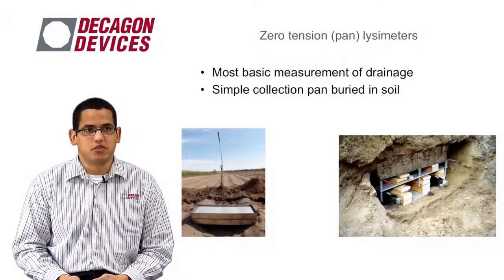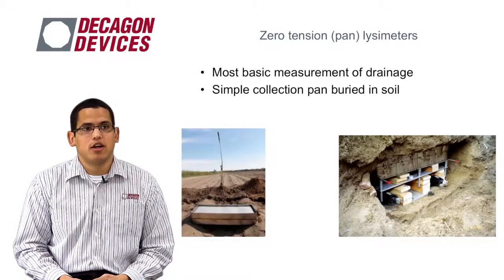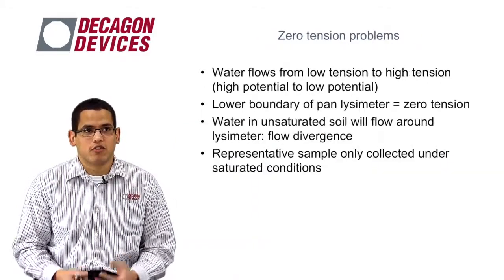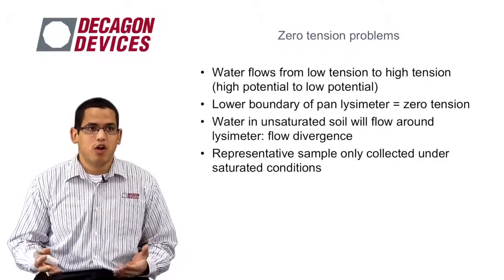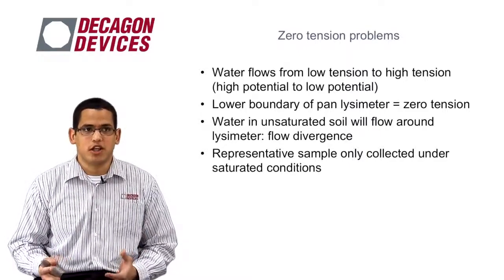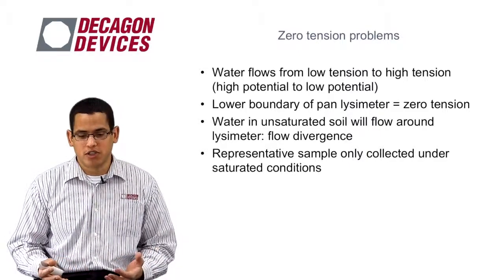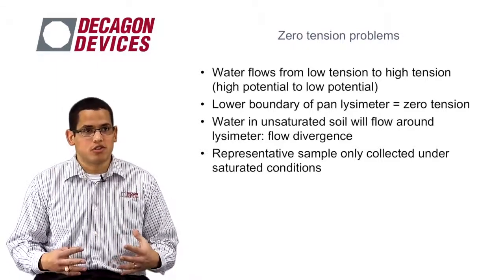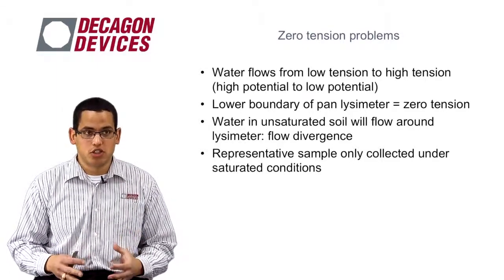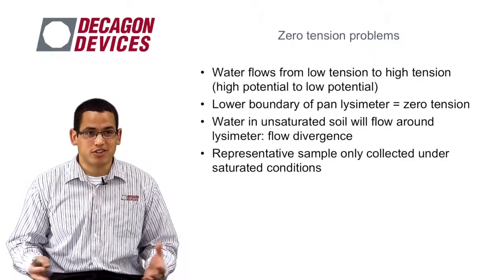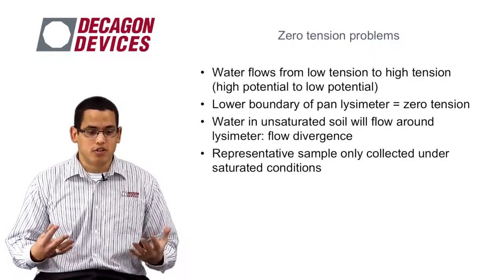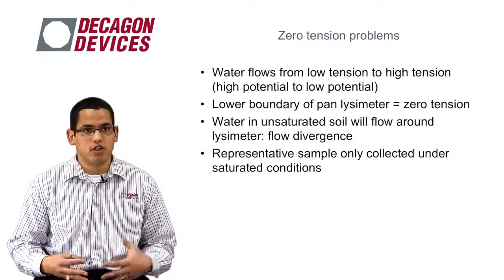Now, there are many issues with the zero tension pan lysimeter. One of the most basic issues is pure soil physics. Water flows from low tension to high tension, or high potential to low potential. Because you're installing a pan lysimeter that is at zero tension into soil that has water held under tension, the water is just naturally not going to want to flow into the lysimeter.